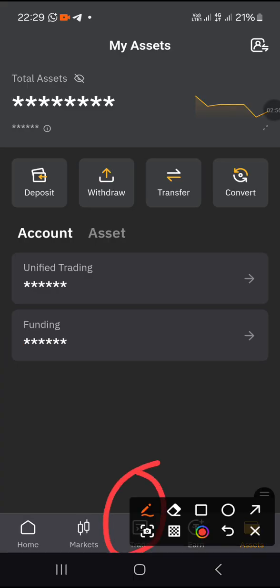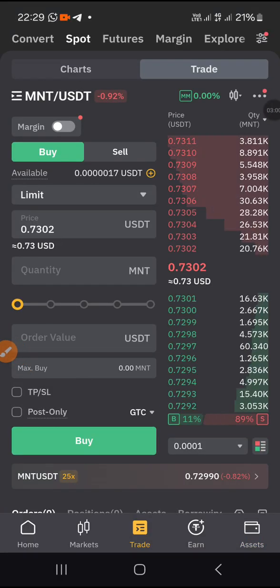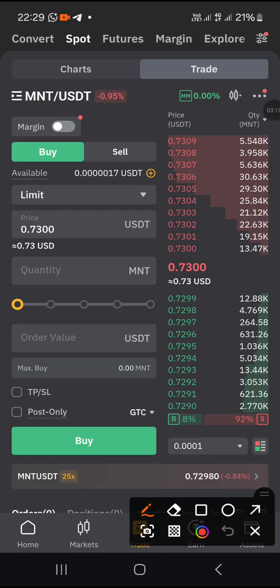This trade section is used for trading cryptocurrency, both futures and spot trading. Here we are. It shows us where we can trade a particular cryptocurrency of our choice. You can click on this to choose the particular cryptocurrency you wish to trade.